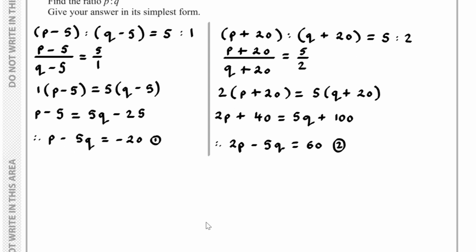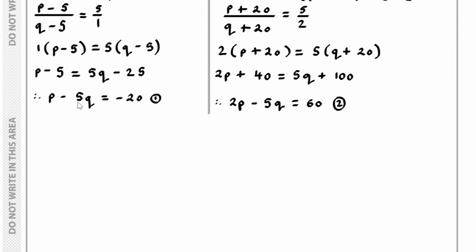And if we take a look at equation 1 and equation 2, we can see that they have the same number of q's and we've got the same sign. And so therefore, if we subtract the equations, if we do equation 2 subtract equation 1, 2p minus p, that's a single p, 60 minus minus 20, that is 80.